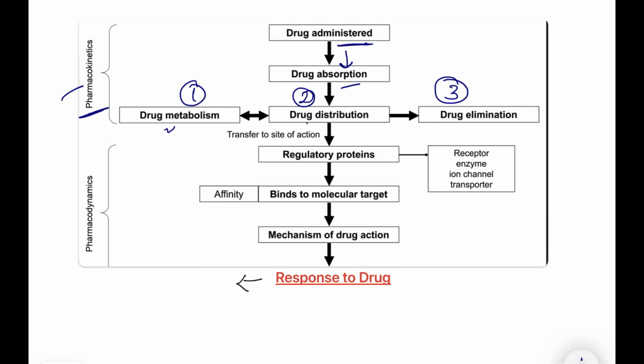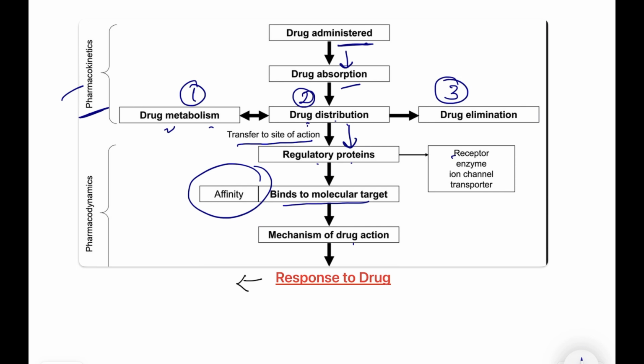Now the drug which has been metabolized and distributed will bring some effect. This will transfer to the site of action. I'm having headache, I'm having fever. Accordingly, it will go to a site of action. It will bind to regulatory proteins, bind to the molecular target. It will show the affinity. So the mechanism of the drug will come into picture.